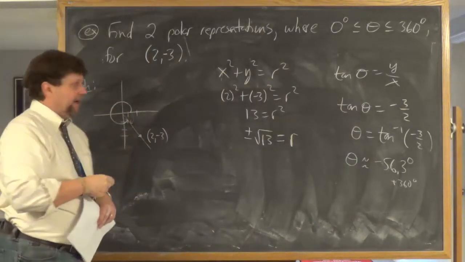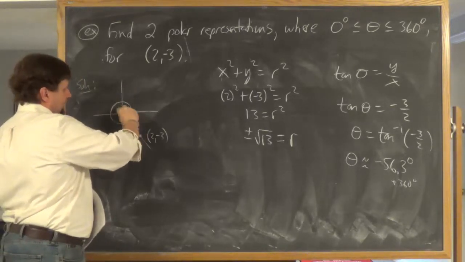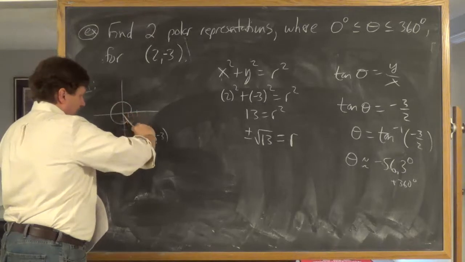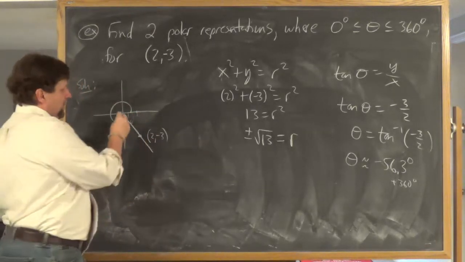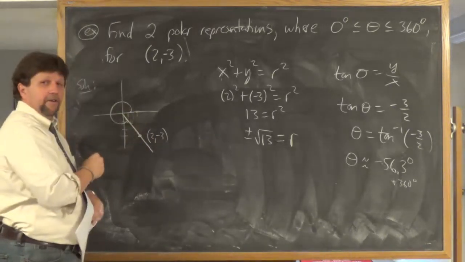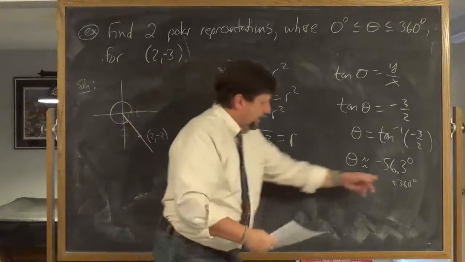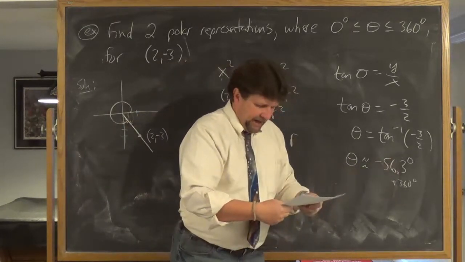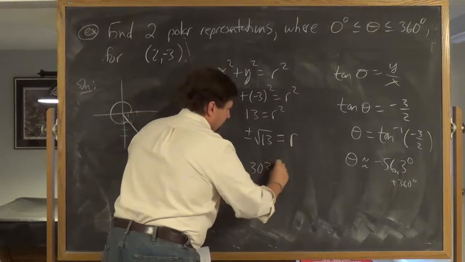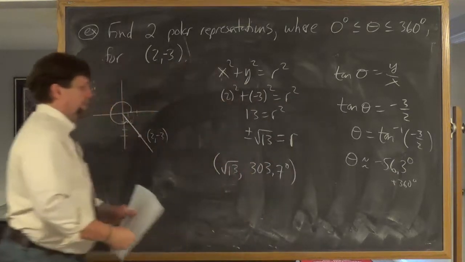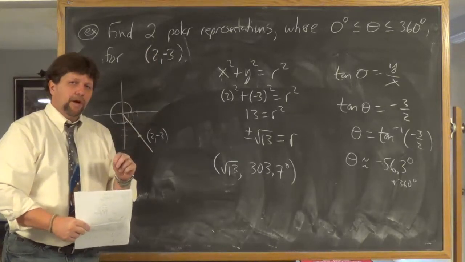It's going to take your polar axis and rotate it to this spot, and when you rotate it to that spot, you then use the positive r value, so square root 13. If I take negative 56.3 degrees and add 360 to it, I get 303.7 degrees. But we're supposed to get 2, so we have to get 1 more.